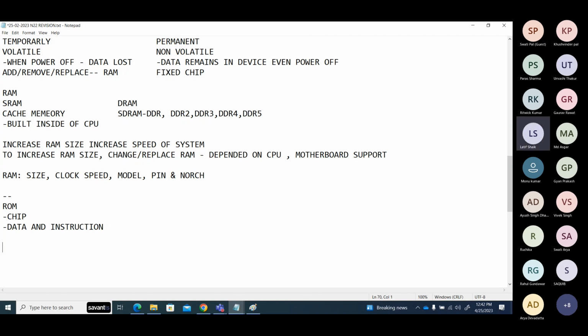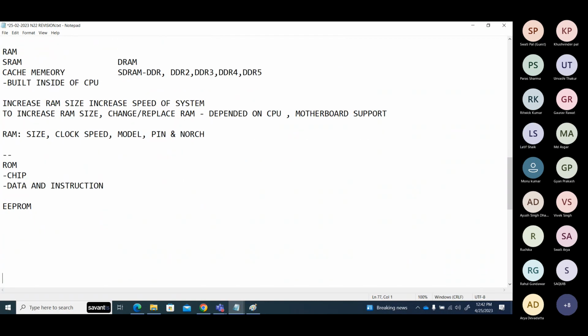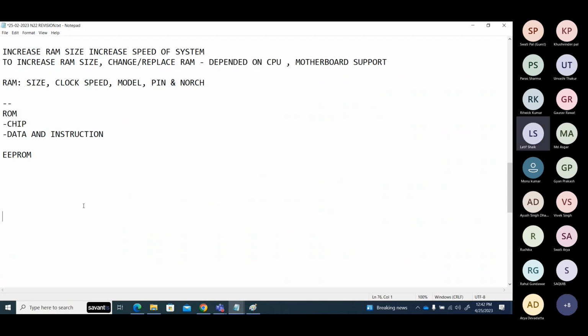It's a read-only memory type. Actually, we are using EPROM, electrically erasable programmable. Very simple, guys. It is ROM. EPROM contains a program called BIOS.